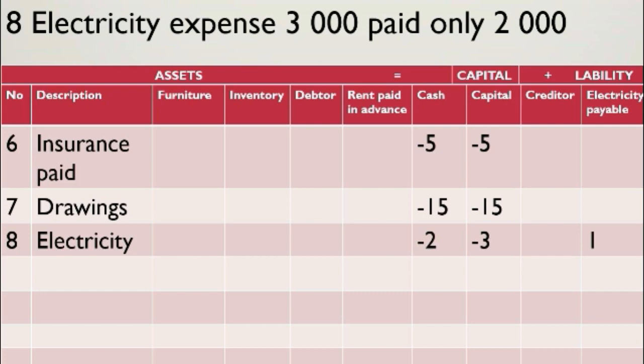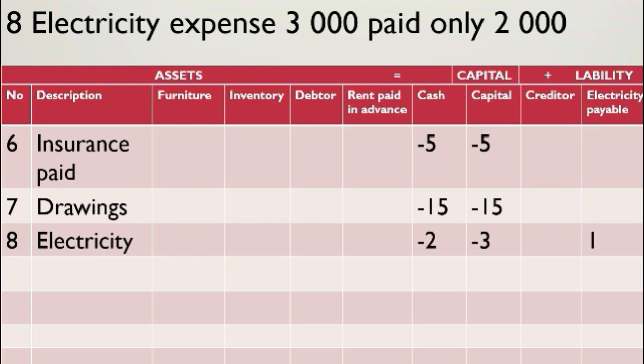At the same time, this creates a liability to the business because the business has to pay 1,000 later. So we can go to liability, and under electricity payable we can add 1,000 because it's the business's obligation to pay that 1,000 later.